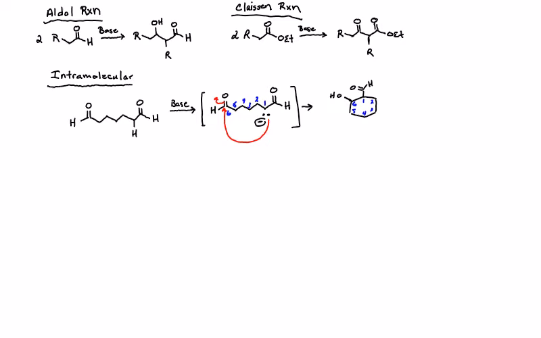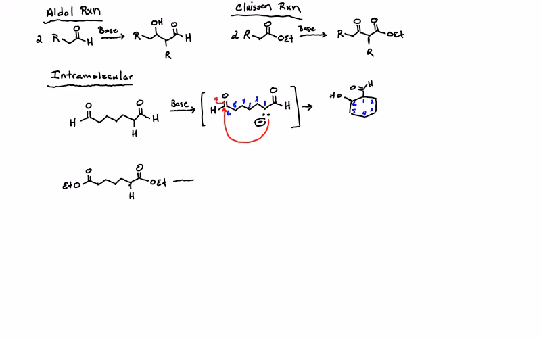Okay, this also works with a Claisen reaction. So what I'm going to do here is draw up a picture of a diester. Okay, and again, we have these alpha protons that can be removed.